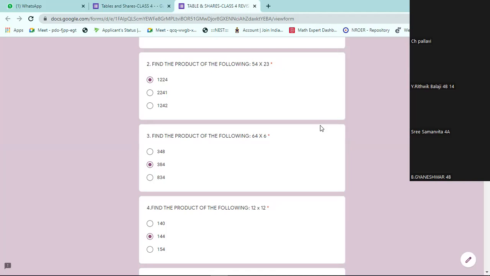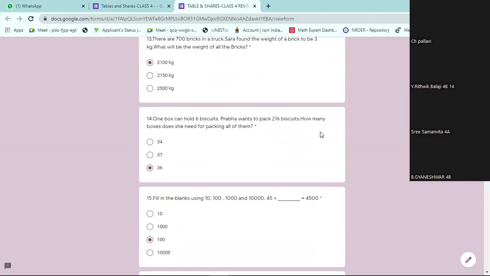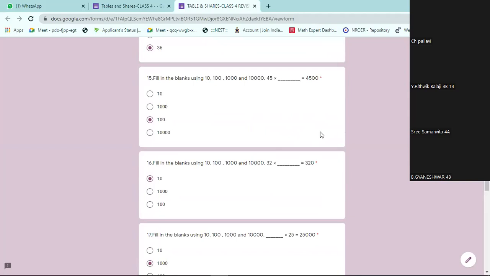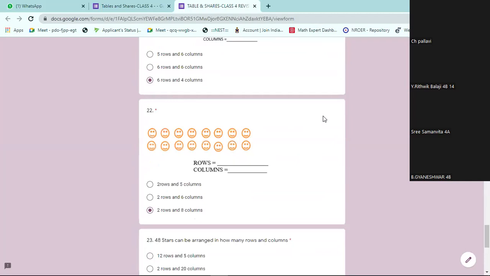15th one. 45 into something. The 15th one is there on the board also. 22 answer: you have to count and give.